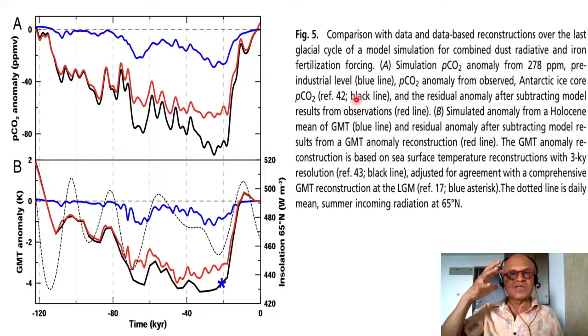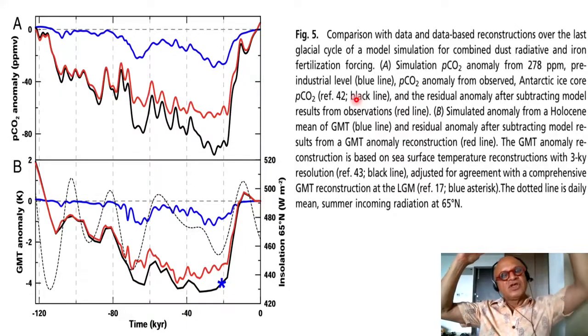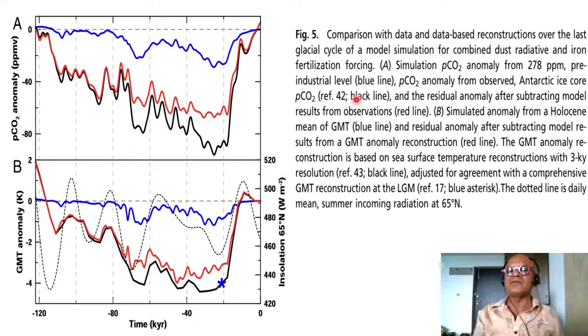Anytime we say forcing, we mean radiation perturbations at the top of the atmosphere in terms of incoming solar and outgoing long wave, and how they are balanced. This is a simulation of the pCO2 anomaly from 278 ppm, which is the deglacial, pre-industrial level. This is the blue line here.